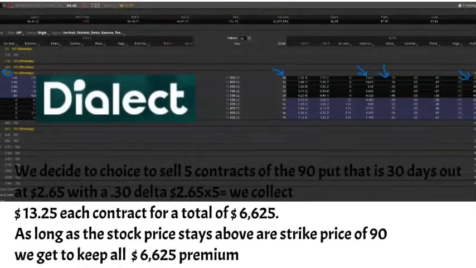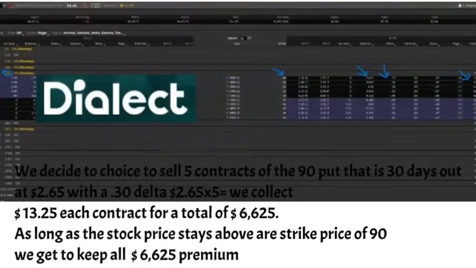So because of the chart, we found a good strike price underneath three levels of support, and we're pretty bullish on MU. So we find the 30-day option with a delta of 0.3. And we decided to sell 5 contracts at the 90 put strike price that is 30 days out at 265 with a 0.30 delta.